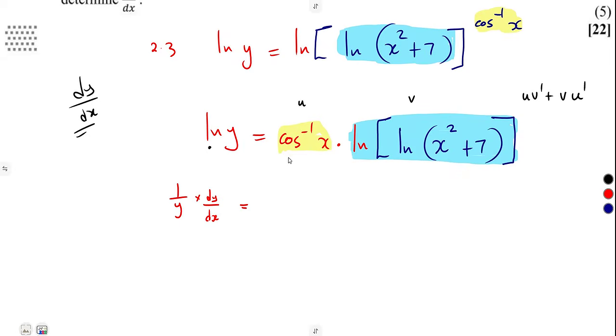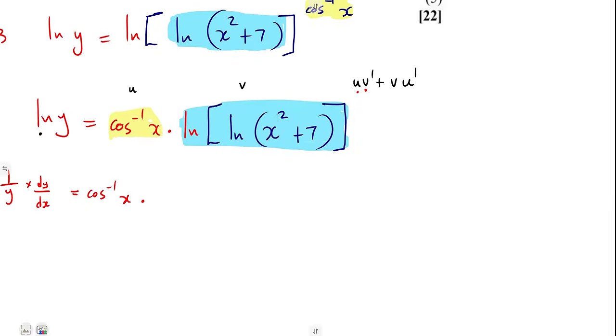All right, so our u is going to be arc cos of x times the derivative of what? V. So v is this part. We are to differentiate a ln. And we know that when differentiating a ln, if it is ln f of x, you're going to need the derivative to differentiate that. You're going to need f prime x over what?